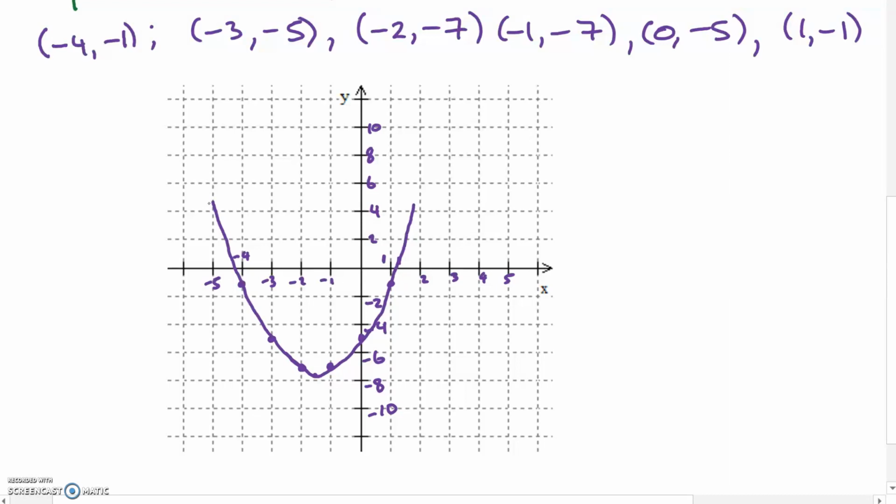Now remember, the solutions to the equation are the points where it crosses the x-axis.